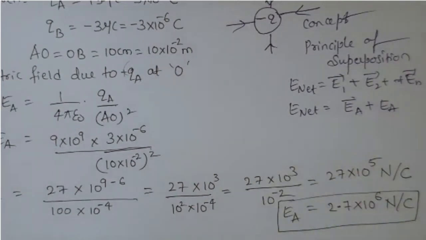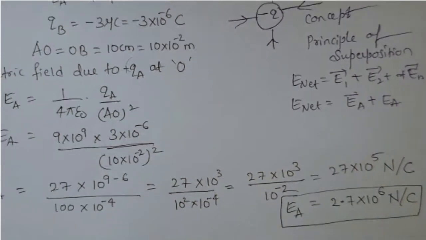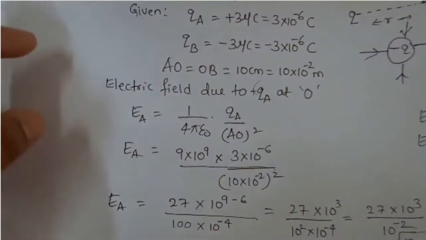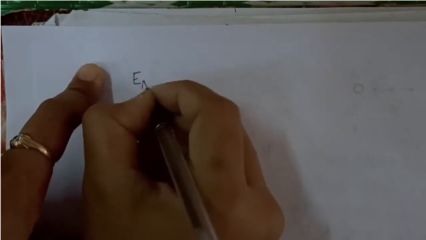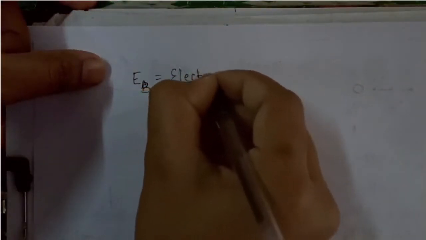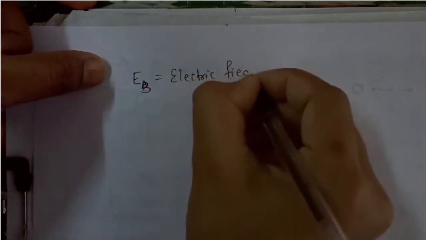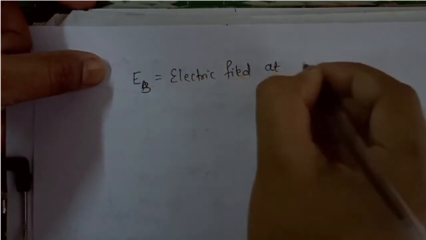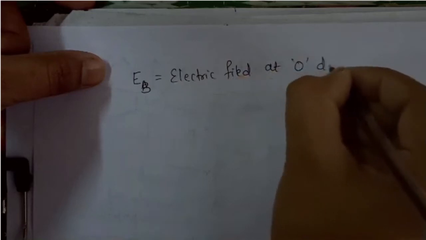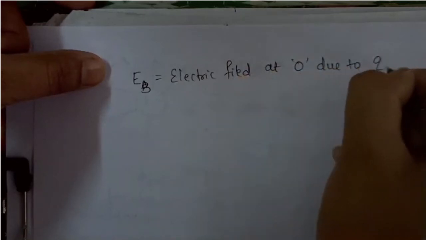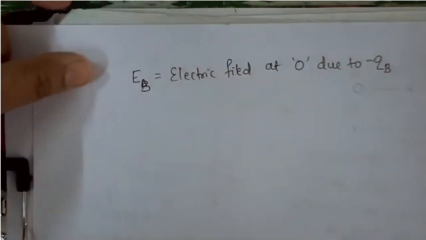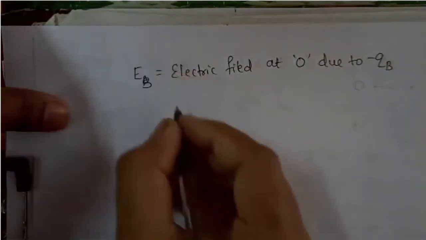In the same manner, you have to find EB. Okay. So EB, shall we? So what is EB? It's nothing but electric field at O due to which charge? Due to minus QB. Okay.